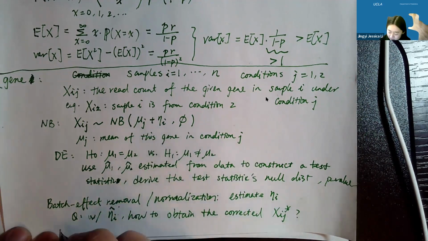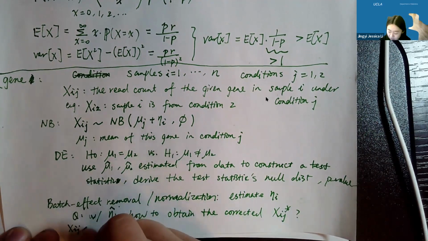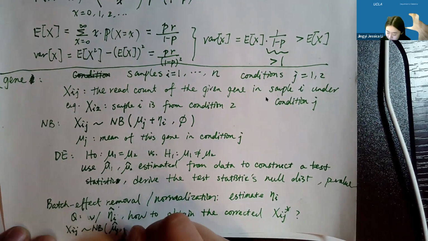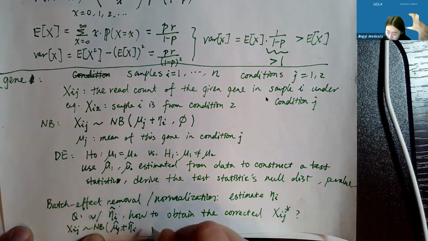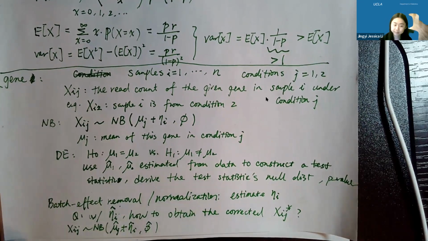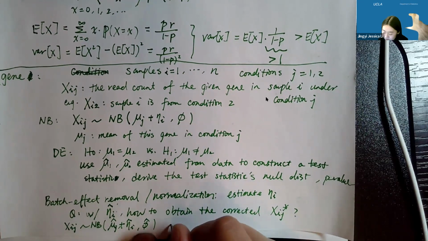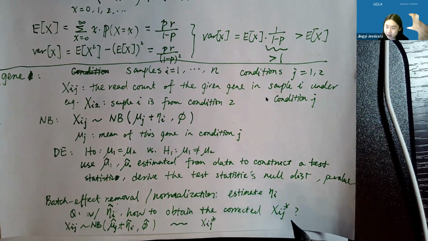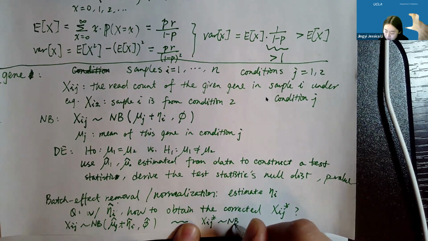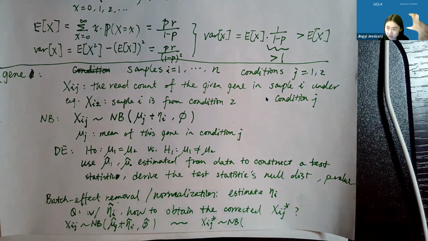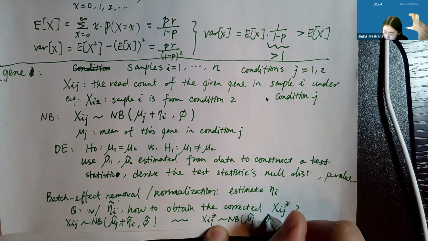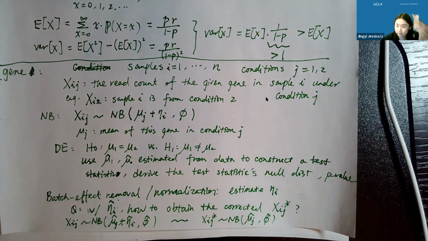So with that, we can write our observed counts xij from NB with mu j hat plus eta I hat, phi hat. Okay, and you want to match it somehow with xij star, which we want to be from NB with the mean not depending on sample. So it's just mu j hat, phi hat. Okay, that's the goal. That's what you want.